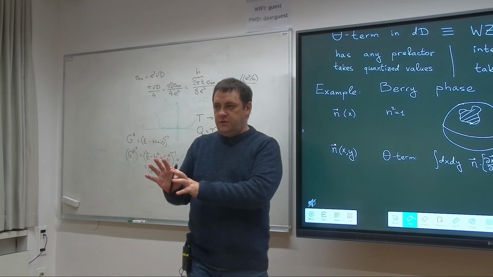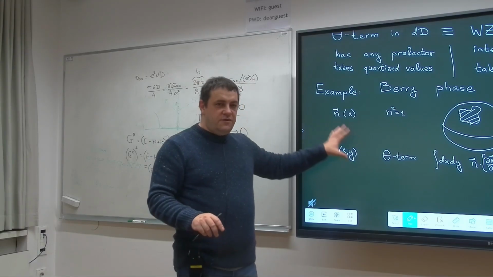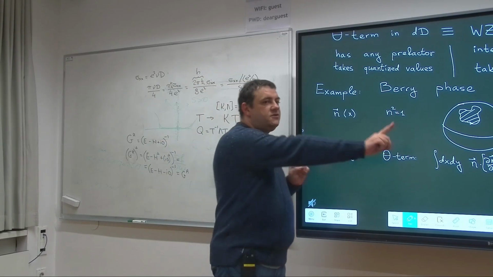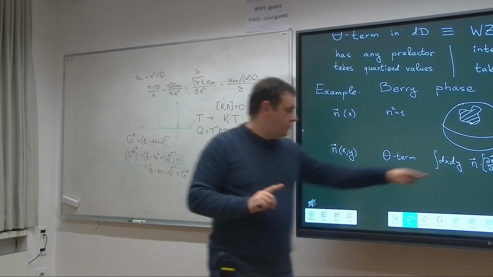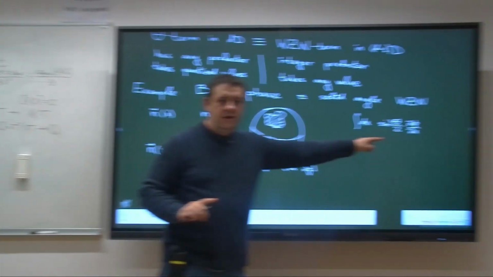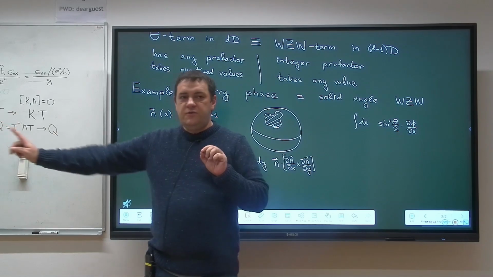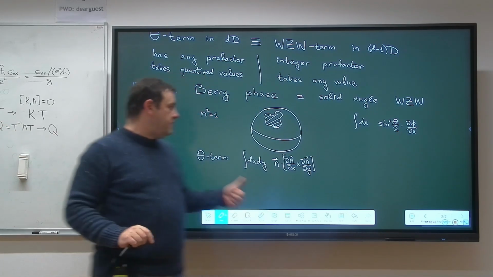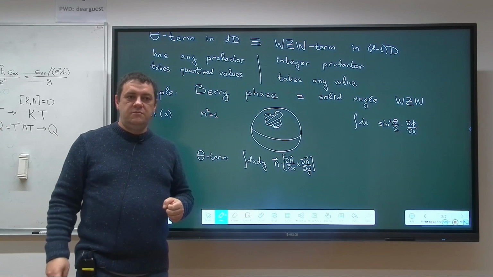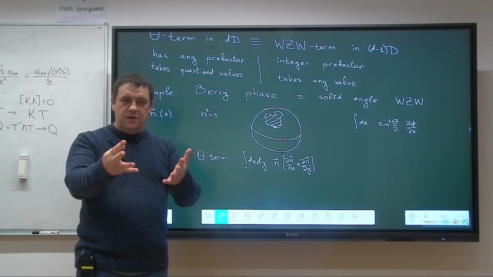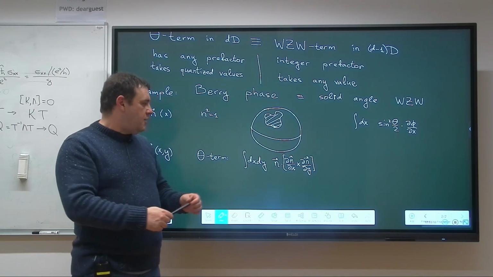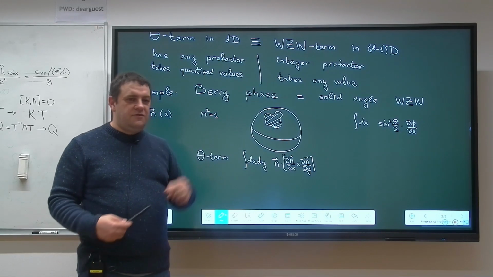That's the theta term. Now, this theta term can be written as the integral along the boundary of this thing, but theta and phi should change along the boundary such that the vector n is constant. Now, question, how does it happen? How can n be a constant, but theta and phi change?